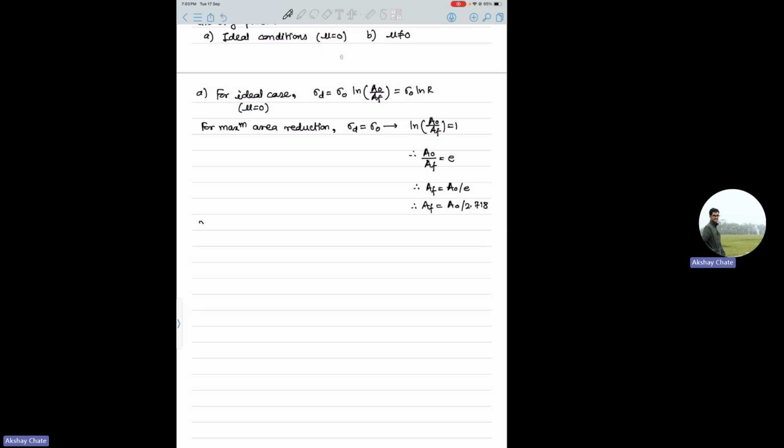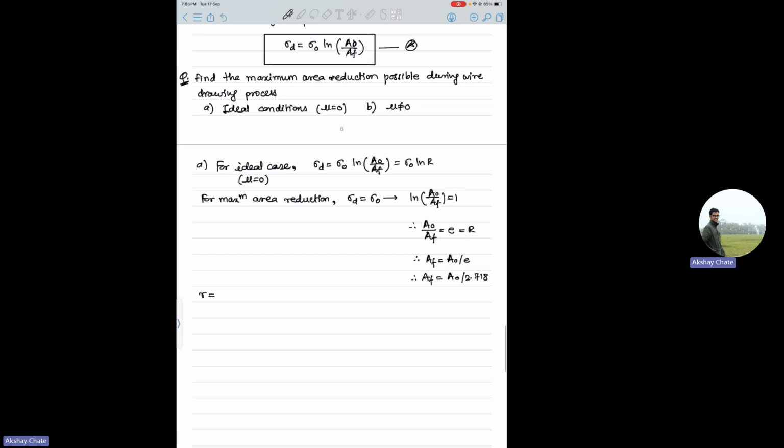And it's easy also, because we know A naught by AF is R, but what they are asking is maximum area reduction.